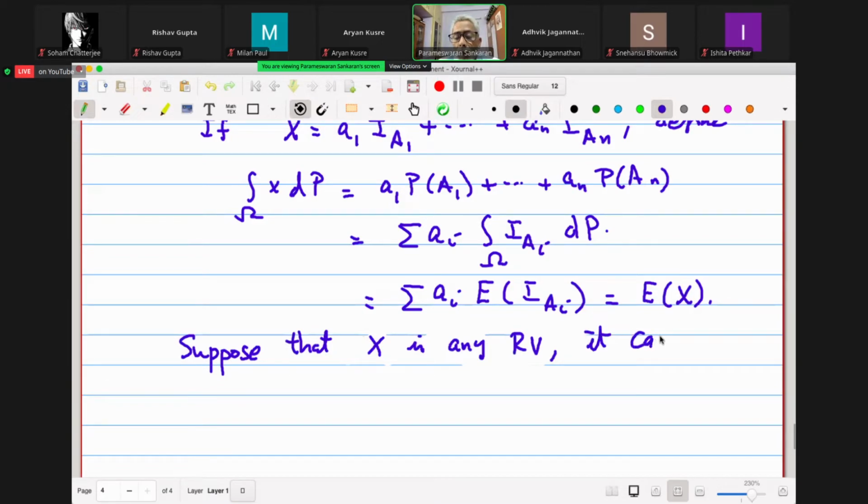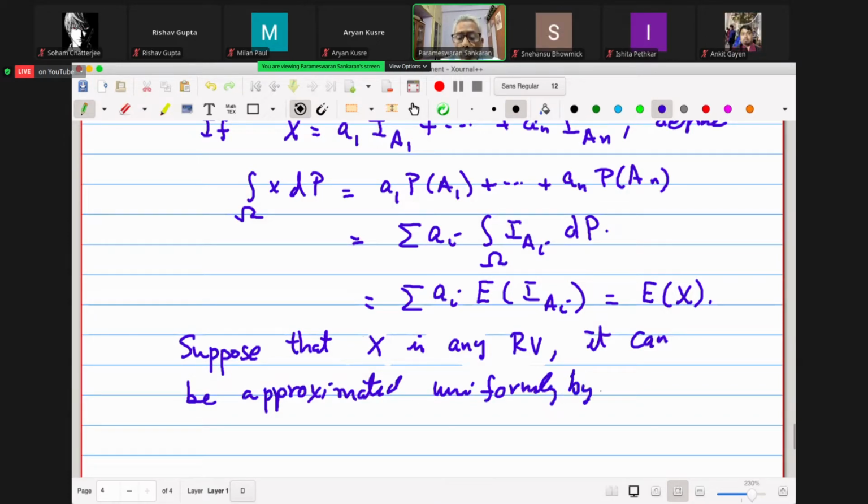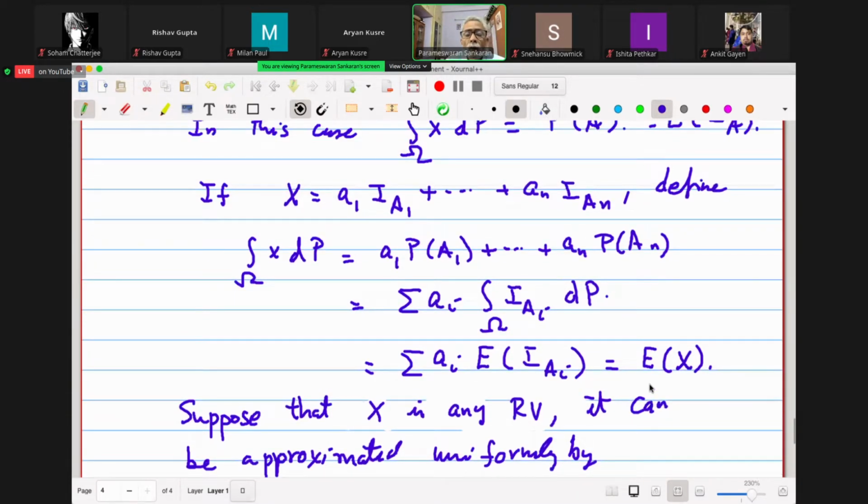It can be approximated, well, uniformly by simple random variables. So these are called, let me give it a name here, simple random variables.